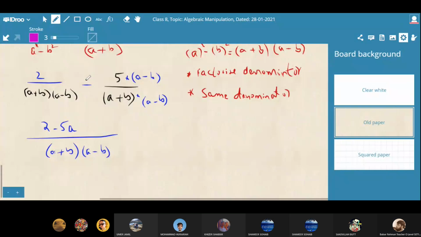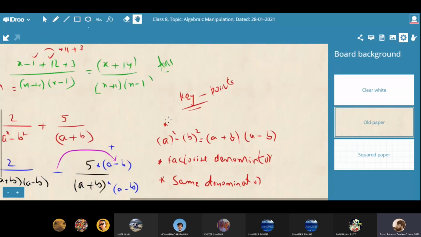This is very important: 5 will be multiplied by minus b. So what will be the answer? Yes, plus, minus minus plus. There is no simplification because this cannot be further simplified. So this is our answer.